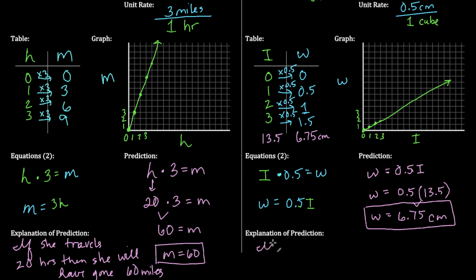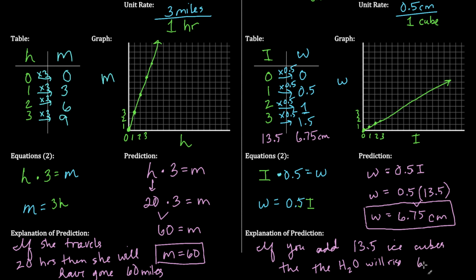So if you add 13.5 ice cubes, then the water, the H2O, will rise 6.75 centimeters.